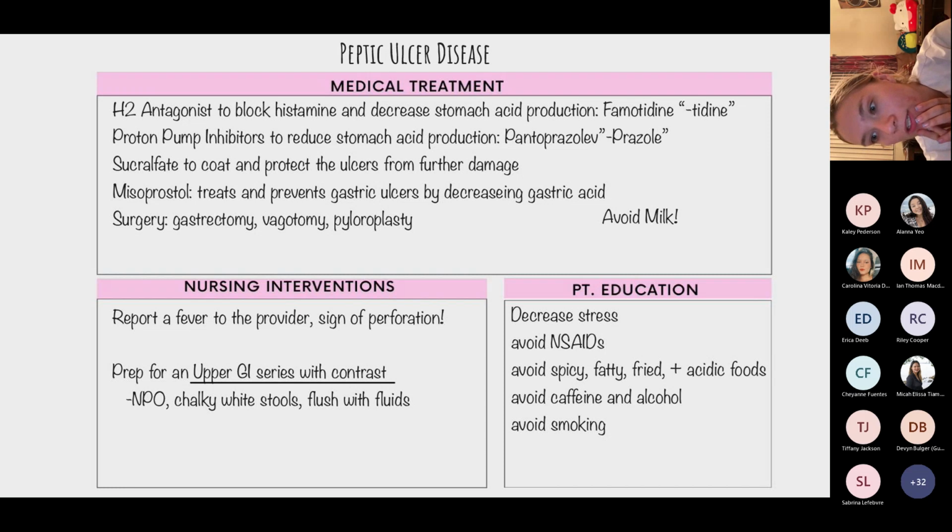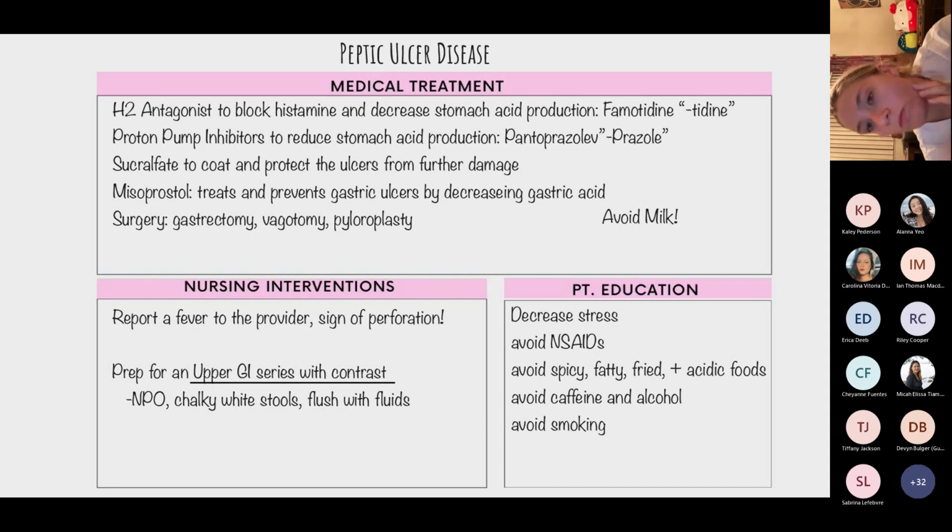We're going to usually put these patients on 2 antibiotics, your ciprofloxacin, your ampicillin, whichever it may be, plus a proton pump inhibitor, a prazole. So that is what we do if it is an H. pylori infection. Additionally, lots of our GI meds are going to help, and possible surgery.